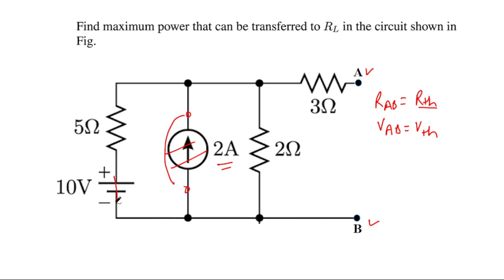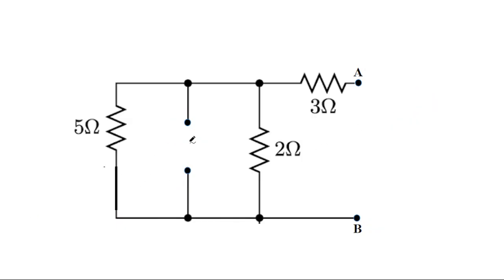Similarly, when you short this one, the voltage between here to here becomes 0. Earlier it was 10 volt, so this voltage source becomes ineffective. So the resulting circuit for the Thevenin resistance will be like this one. The current source is replaced by open terminals, and the voltage source is replaced by a short circuit.